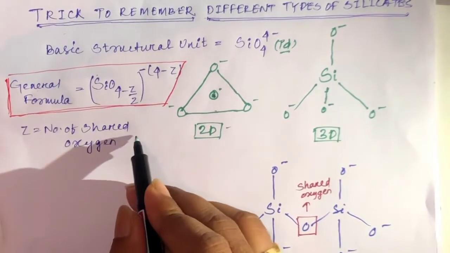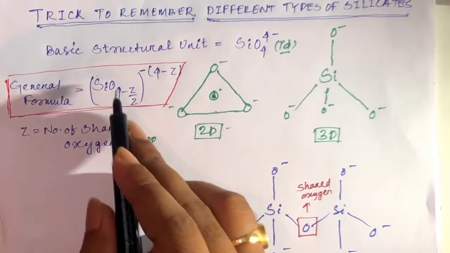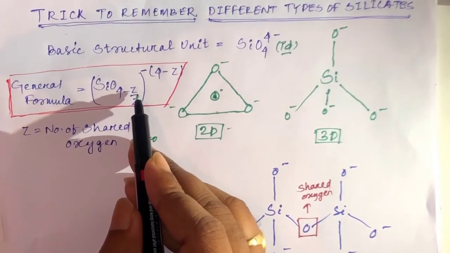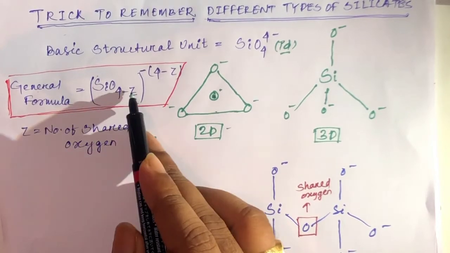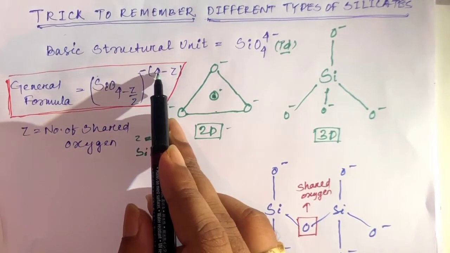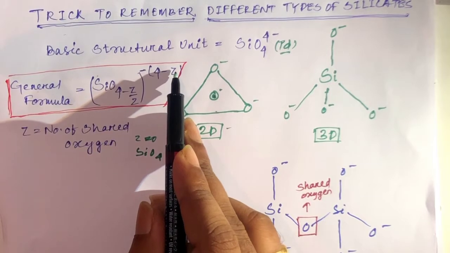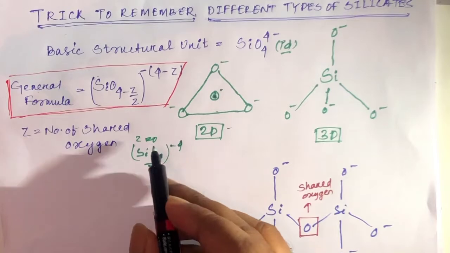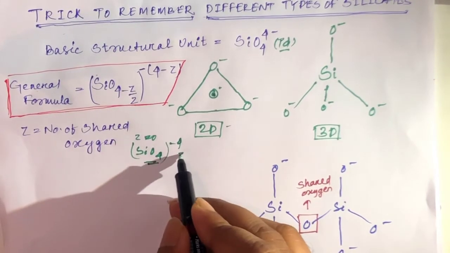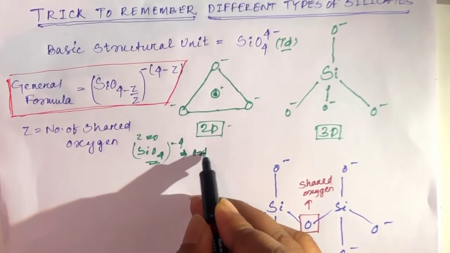Suppose I take J equal to 0: the formula will be SiO4 with charge minus 4 minus 0, which is minus 4. This is called orthosilicate.